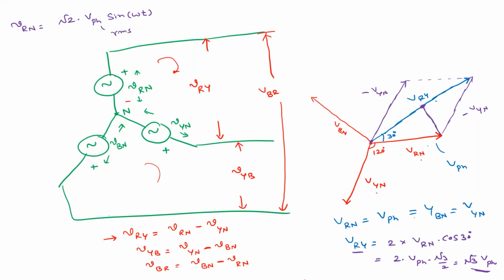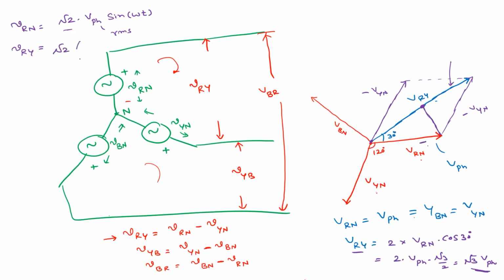If I assume like this, what is the value of VRY? If this is VRN, so this is root 2 V phase sine omega t. So how will you represent VRY? Plus 30, right? So what is its magnitude?